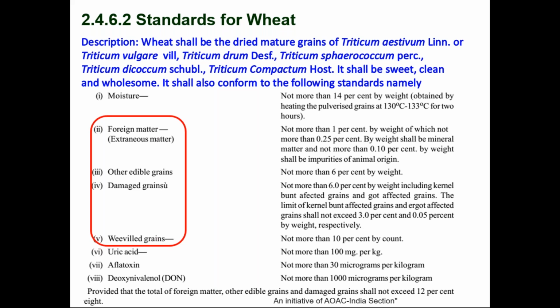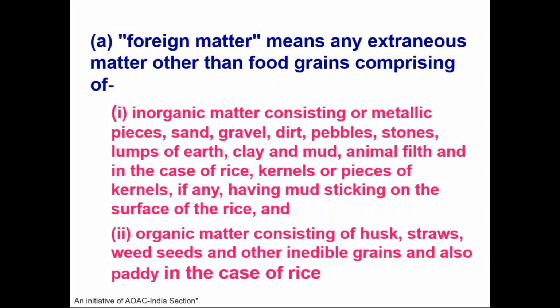So how does one know which of the grains is which? It is defined at the bottom of the standard. Foreign matter means any extraneous matter other than the food grains. So it includes metallic pieces, sand, gravel, dirt, pebbles, stones, earth, clay, mud, animal filth, etc. In the case of rice, kernels or pieces of kernels, if they have mud sticking on the surface of the rice.